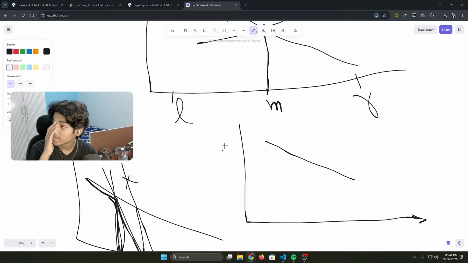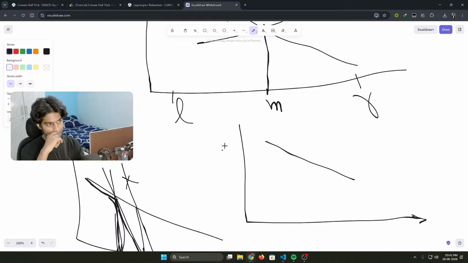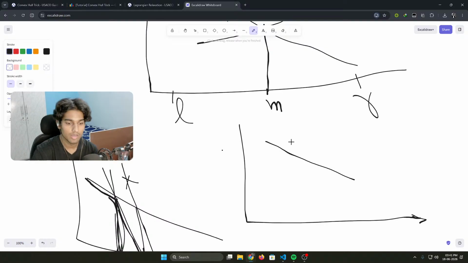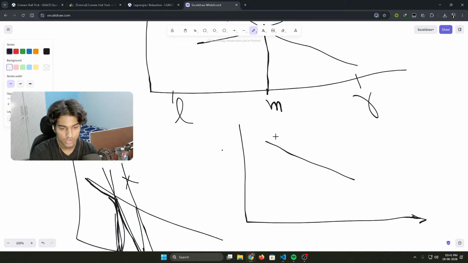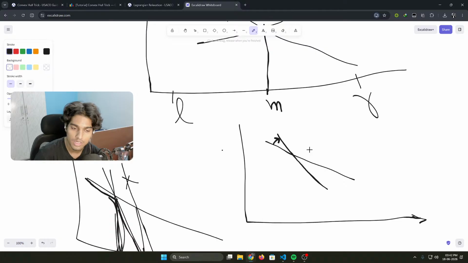But am I assuming slopes are always monotonic? That depends on the problem. Let's write this code for minimum, and in minimum, we are assuming the slopes are decreasing. This is decreasing slope, right? Rise over run. So what is happening?